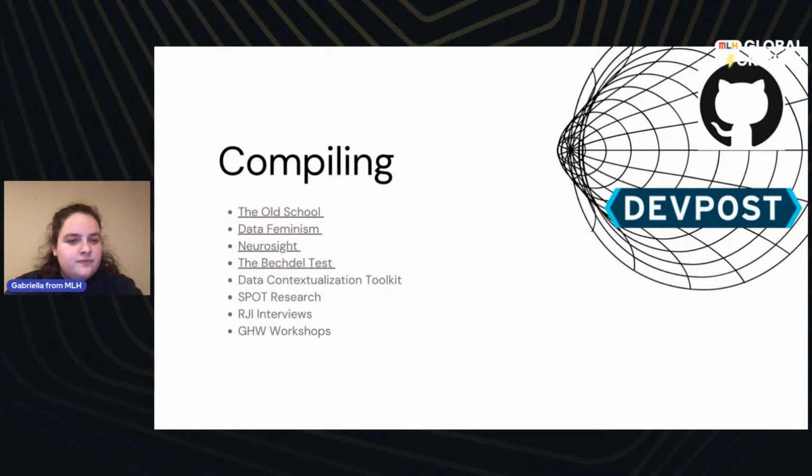Data feminism and the data contextualization toolkit combine my knowledge of cleaning data with providing context and information surrounding potential visualizations and data sets to a non-technical audience, and how you go about communicating that. The spot research is research I'm doing with a spot robot on campus.